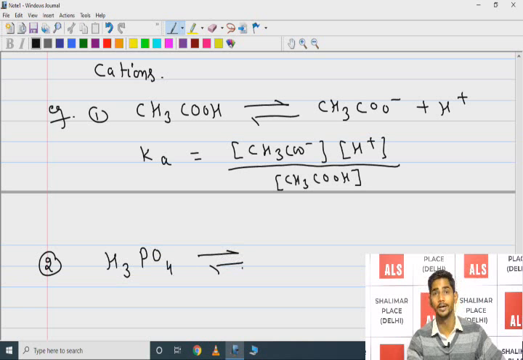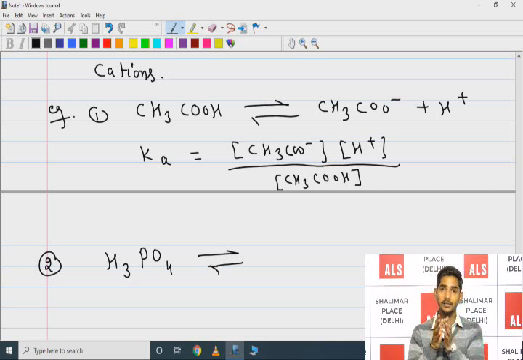When H3PO4 ionizes, remember one thing, guys: whenever an acid or base has the ability to donate more than one H plus or OH minus ion, it always donates them step by step. It will release the first proton first, then the second proton, then the third proton. Same with hydroxyl ions: they will donate the first OH minus, then the second OH minus, then the third OH minus.